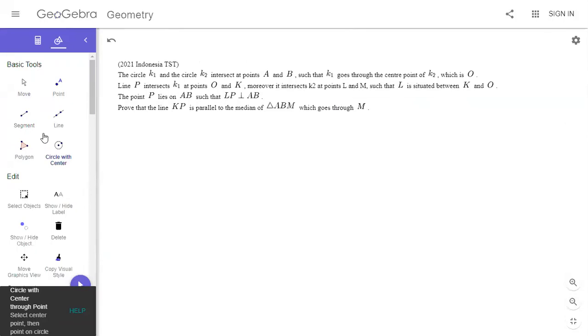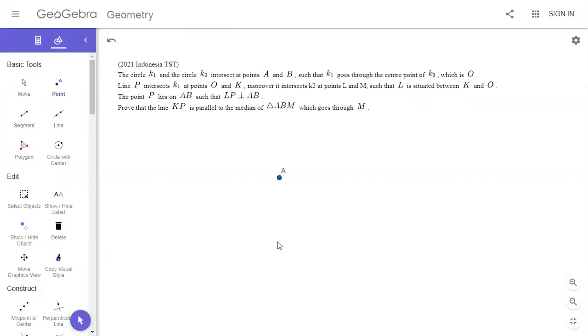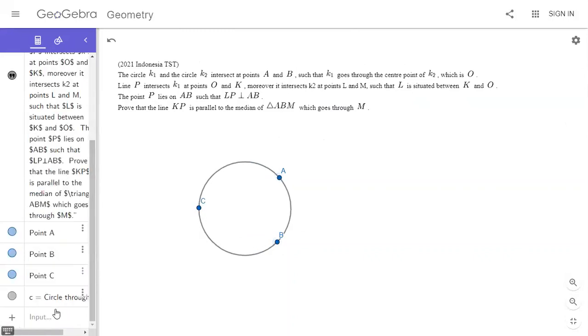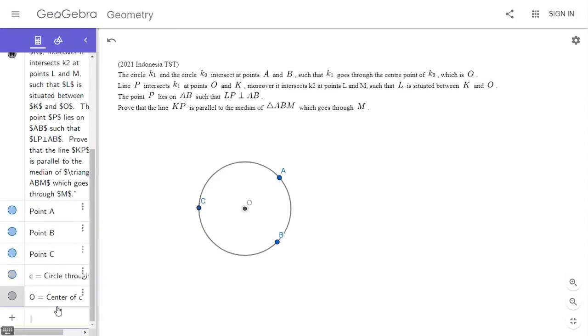They intersect at points A and B, and one passes through the center of the other. So I'm going to try to draw it like this. And then I'm going to let O be the center. Okay.